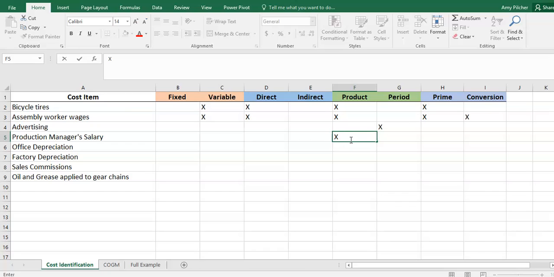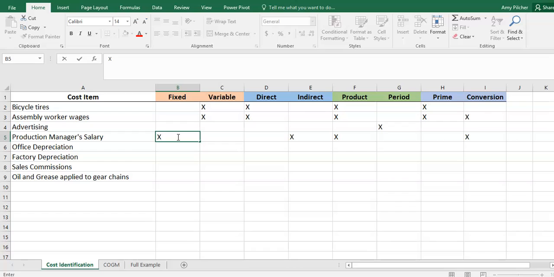That means that we would have to be able to tie every minute of this manager's time to an individual product or products. We can't do that, so that is an indirect cost. Indirect costs all end up in overhead. Overhead is a conversion cost. And salary is a fixed cost.